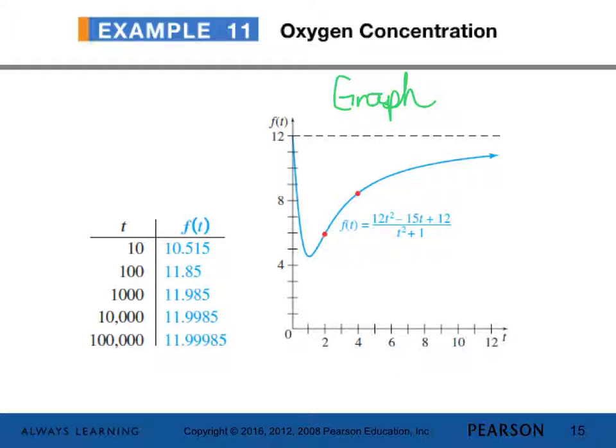And a graph of f of t looks like this graph. And notice what happens is that at about 4 weeks, the concentration of oxygen has increased back up to somewhere between 8 and 9 parts per million.